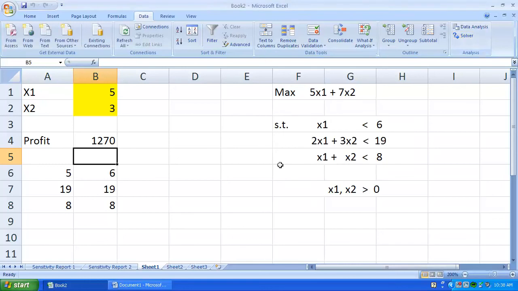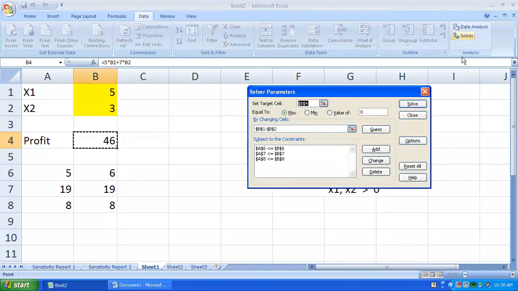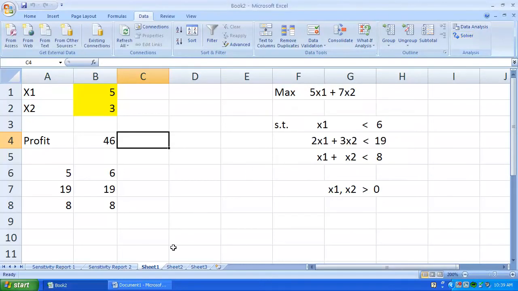That's what would have to happen to that coefficient before that particular decision variable would again be part of our solution. What I want to do now is change this back to what it was. It was 5 and 7. Enter. Let's solve it. Okay, keep the solver solution.